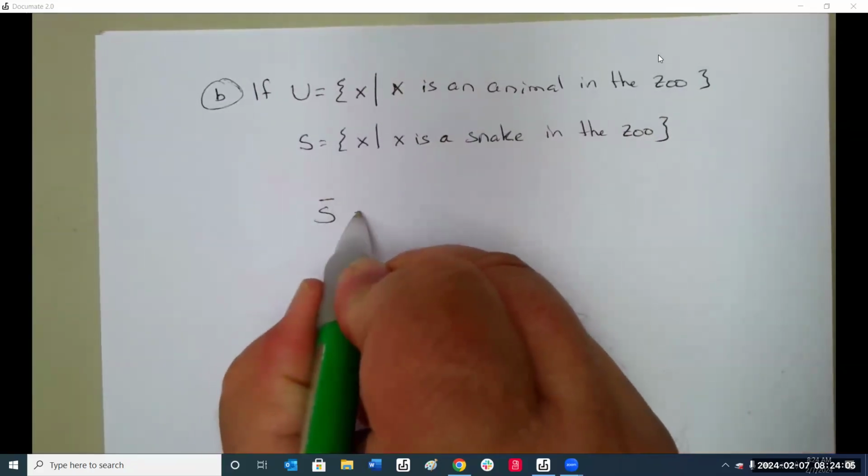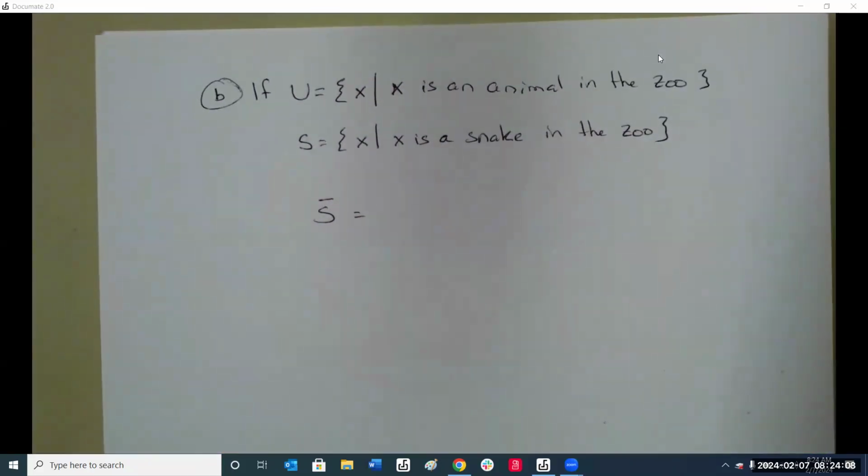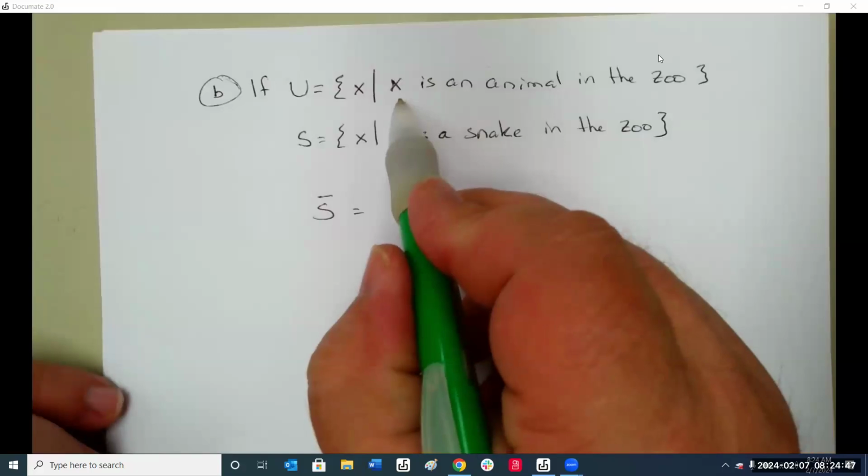What is the complement of S? Very close. You can say it that way. But you got me confused there. Yes, because x's are animals in the zoo.